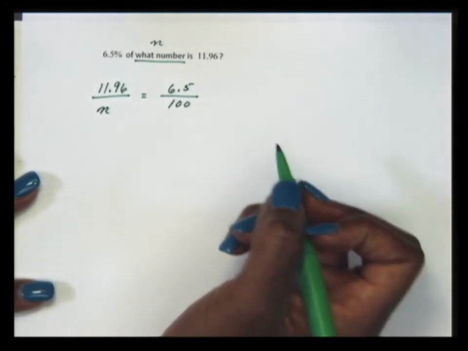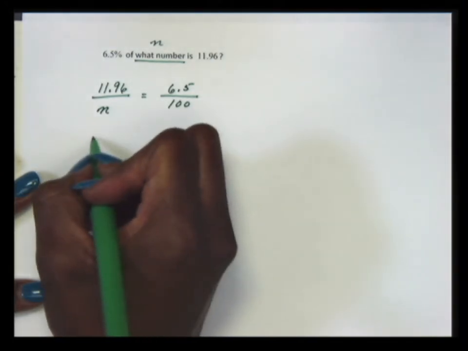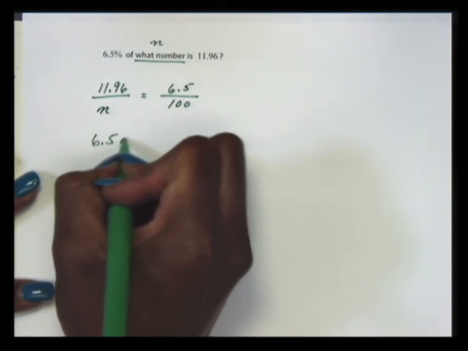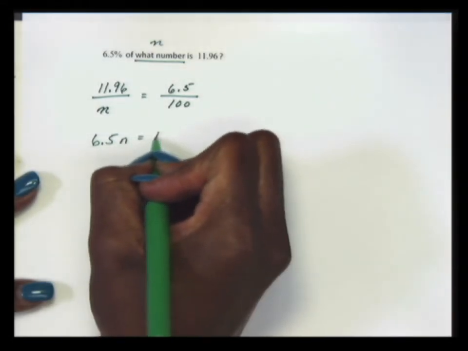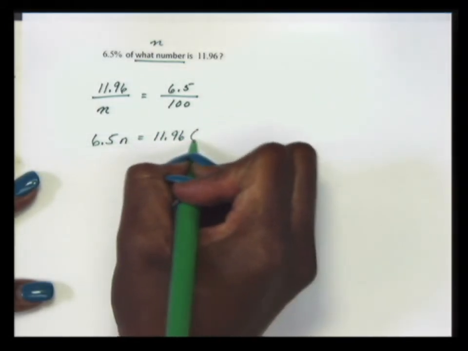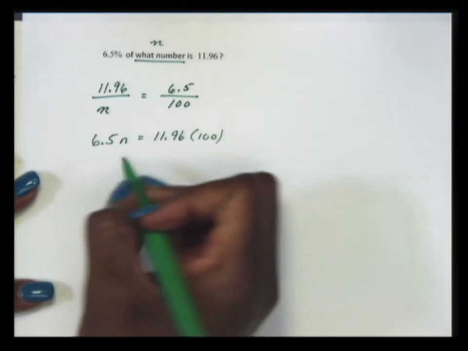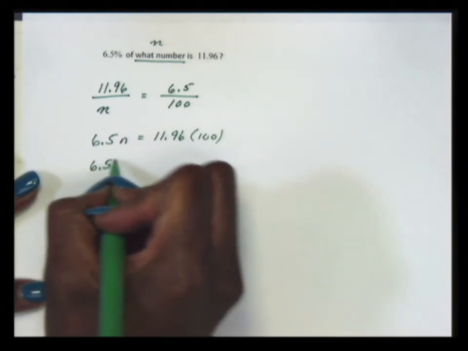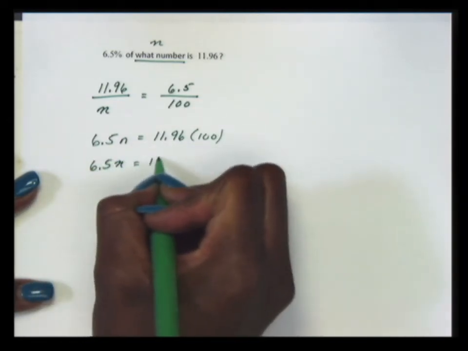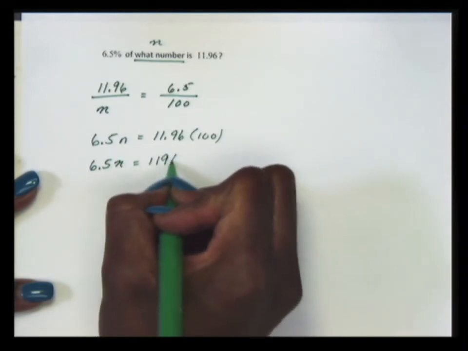Once we have the proportion set up, we'll cross multiply. We have 6.5N equals 11.96 times 100. 6.5N is equal to 1,196.